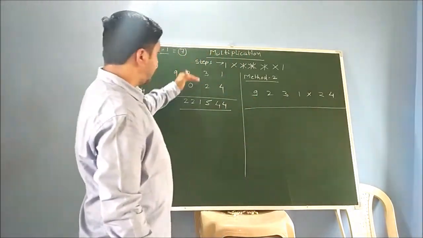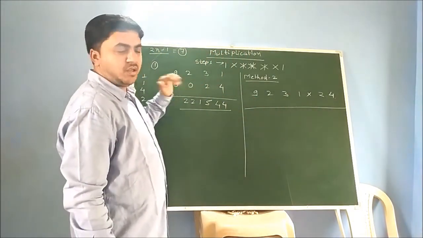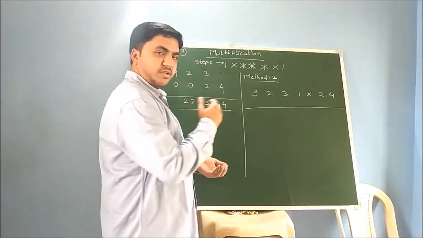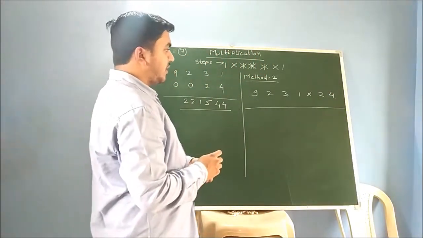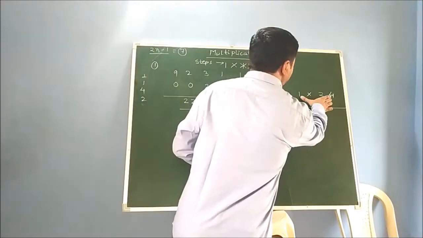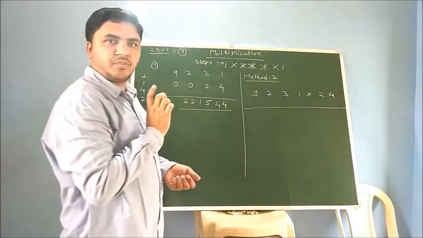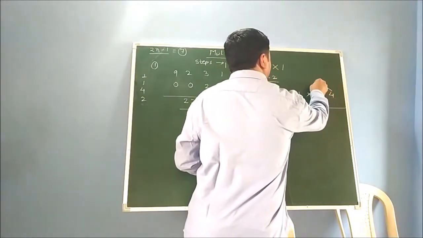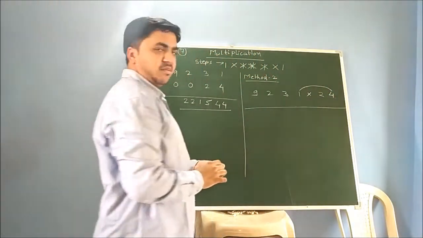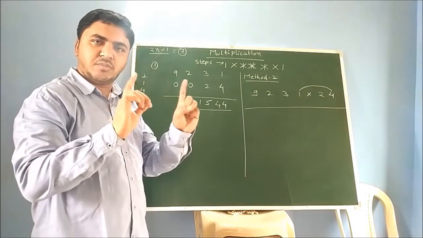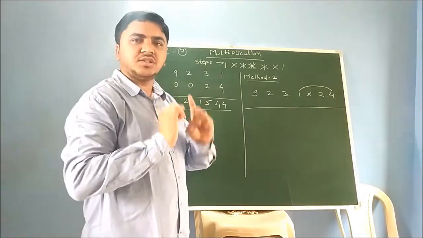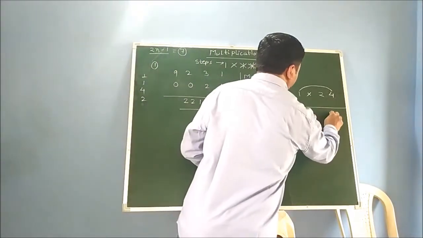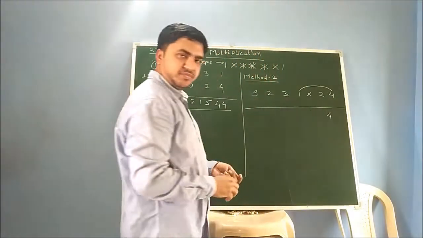We'll not write one below the other. First, we'll multiply both exterior numbers, that is 4 and 1. You have to multiply the ones digits of both numbers in the first step. So 4 into 1 will be what? Your answer will be 4.